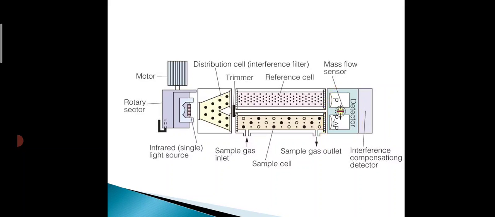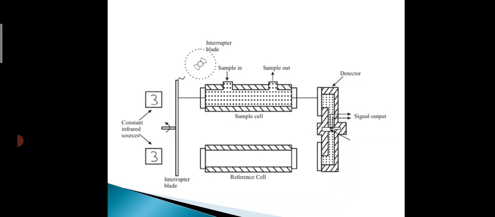The detector output is displayed by using display devices. The main use of the detector is to convert a physical quantity into an electrical quantity. Here the pressure value is converted into an electrical signal by using this pressure sensor.